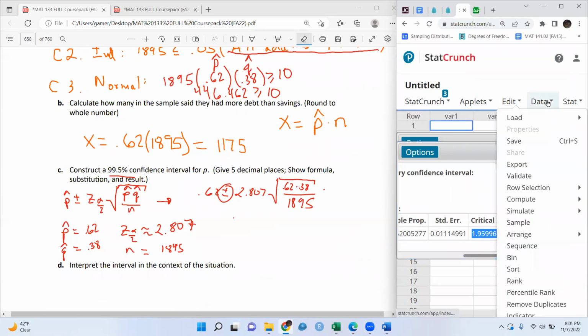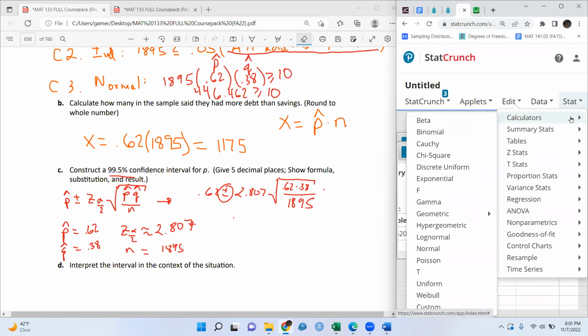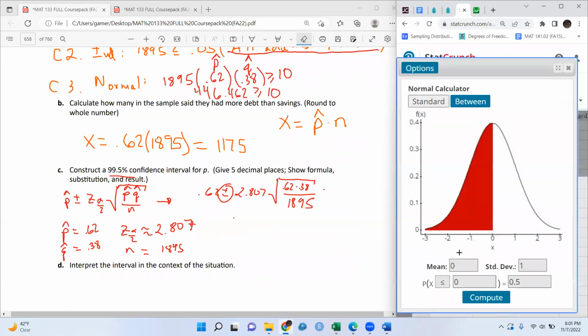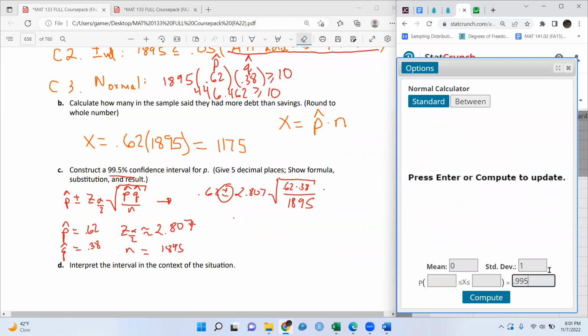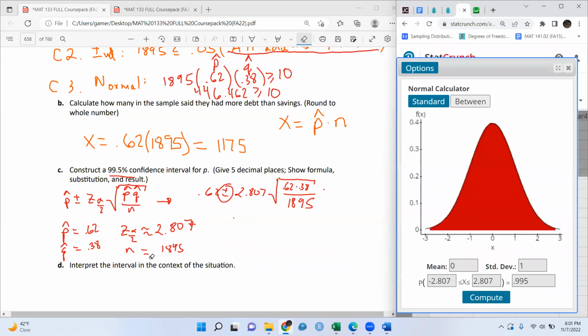But we could certainly go to stat calculators, normal, between, and put in our 0.995, and there's the 2.807 that StatCrunch already gave us.